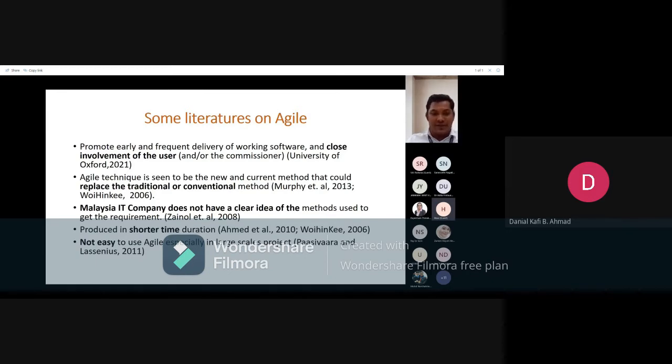Okay, some important literature that I have selected. It promotes early and frequent delivery of working software and close involvement of the user. It replaces the traditional or conventional methods, which when we talk about conventional methods, we think of waterfall and so on. And then Malaysian IT companies do not have a clear idea of that.